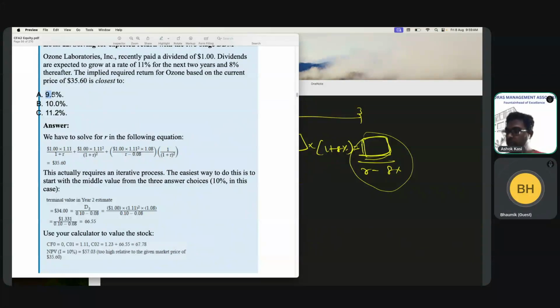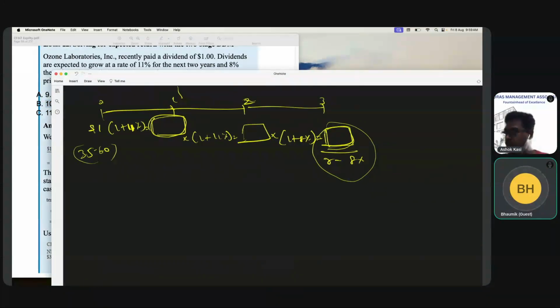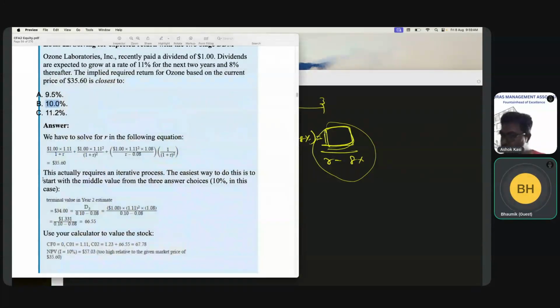Middle means what? 9.5, 10, 11.2. Begin with 10. You will get the idea. They have mentioned it: iterative process, trial and error. See, they have mentioned here also. And then you can adjust.